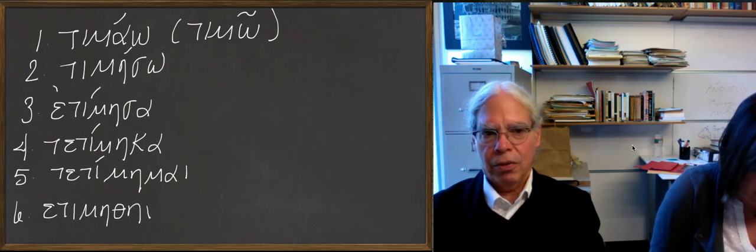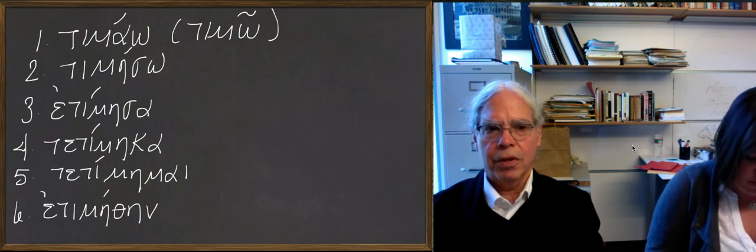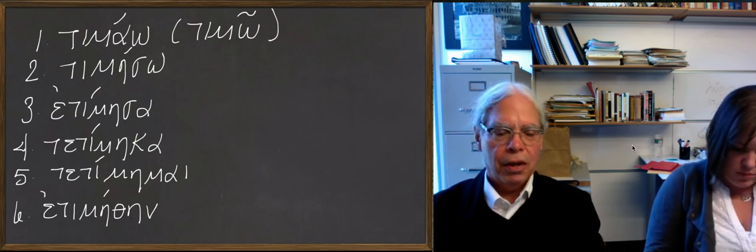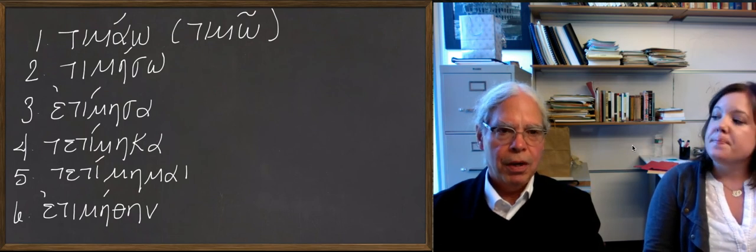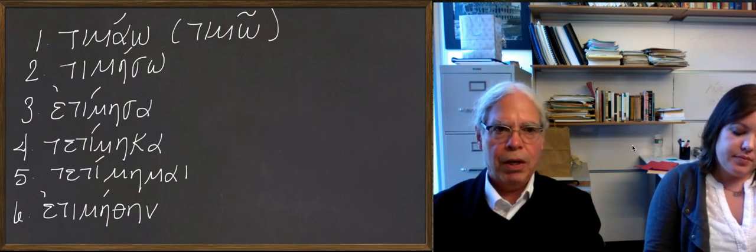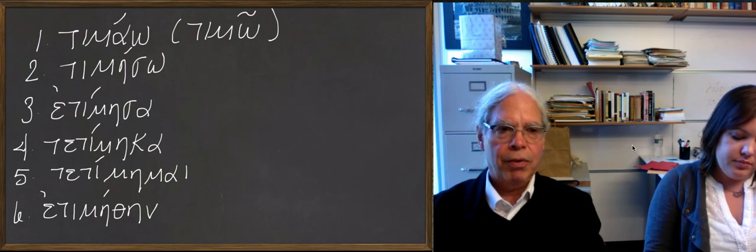Okay? So look at how regular this is. In every case, the form outside of the present system, the timao system, where the stem ends with an alpha, the stem ends with an eta. So you can draw that if you want to parse out the timē on each of the principal parts.